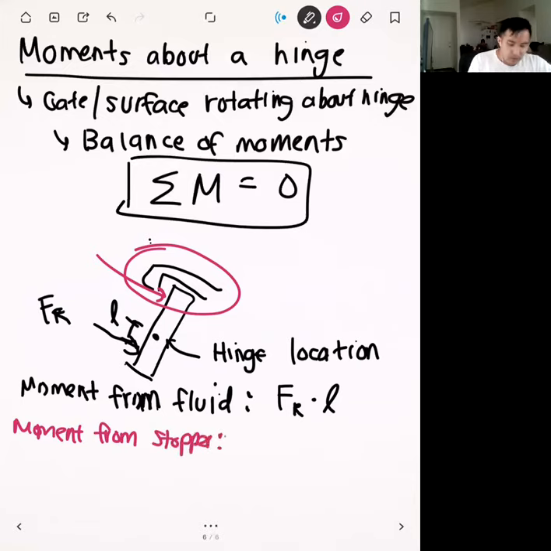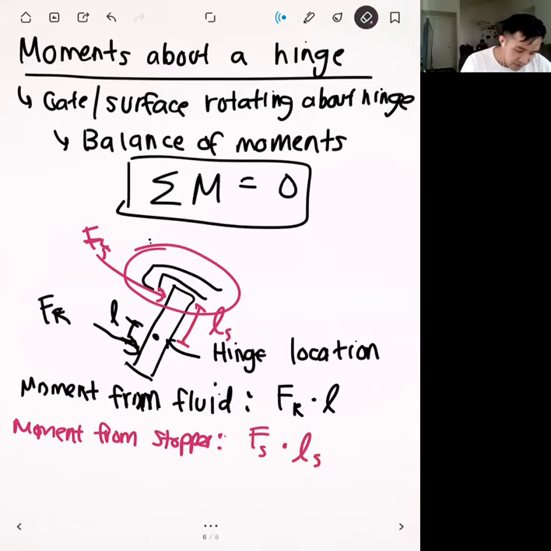And then to compute this moment, you just do the same thing. You take the reaction force from the stopper, which I'll call Fs, and multiply that by the distance to the hinge, which I'll call Ls. So we have Fs times Ls, and that's going to be our moment from the stopper.